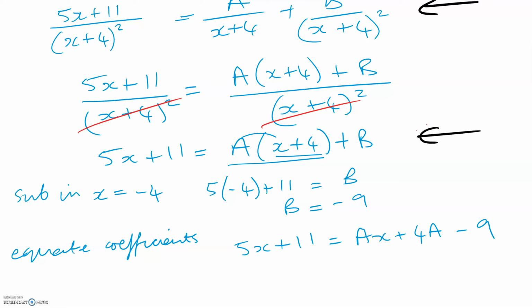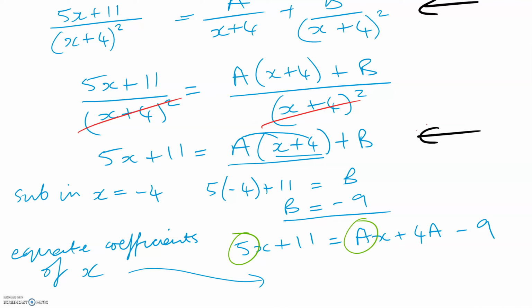So I've just multiplied out that times that, and I put minus 9 in for b. So now it's really straightforward, because if we equate the coefficients of x here, you can see that the coefficient of x on the left hand side is 5, and there's only one coefficient of x on the right hand side, and that's a. So that means that 5 must equal a, and that's it really.